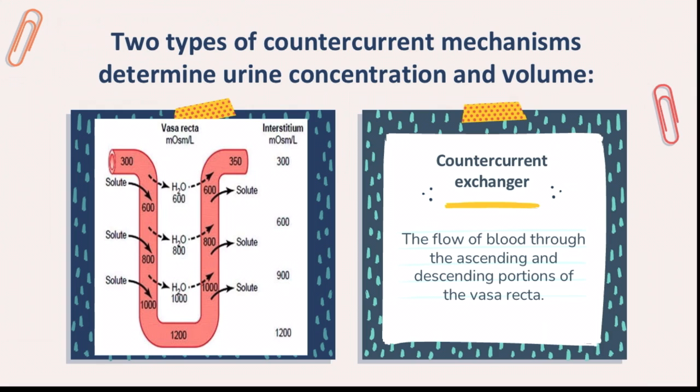And when the blood leaves the vasa recta, it then goes to the vein. So this flow of blood through the descending and ascending limb of the vasa recta is known as the countercurrent exchanger.